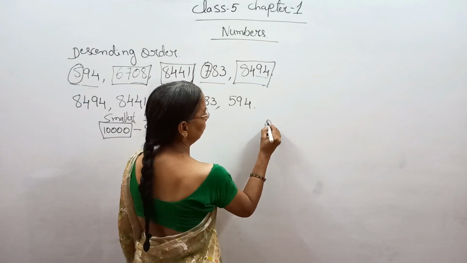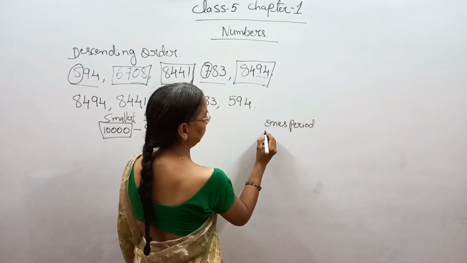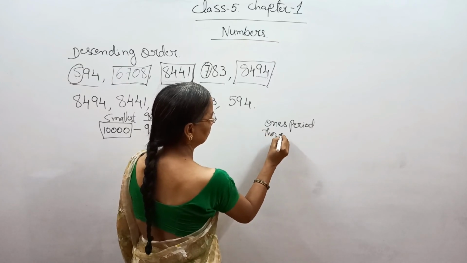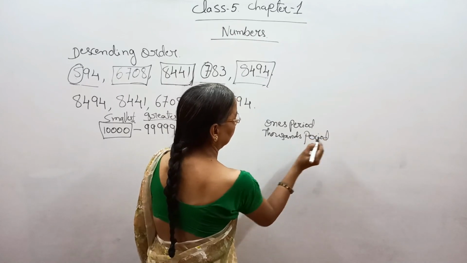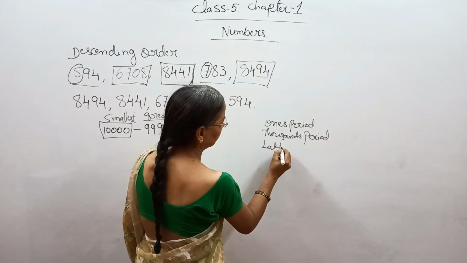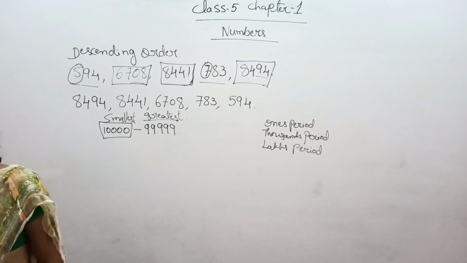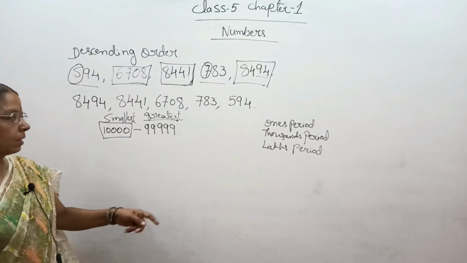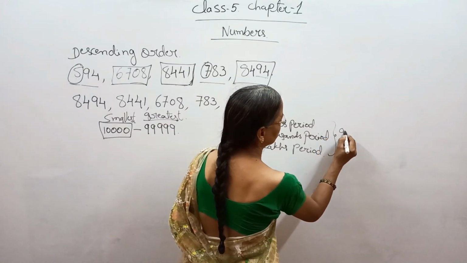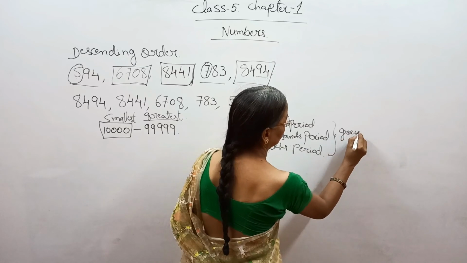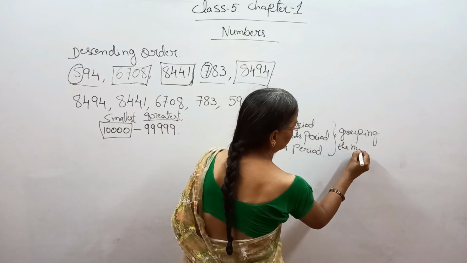That is, one is ones period, second one is thousands period, and third one is lakhs period. Like this we group the numbers. It is called grouping the numbers.